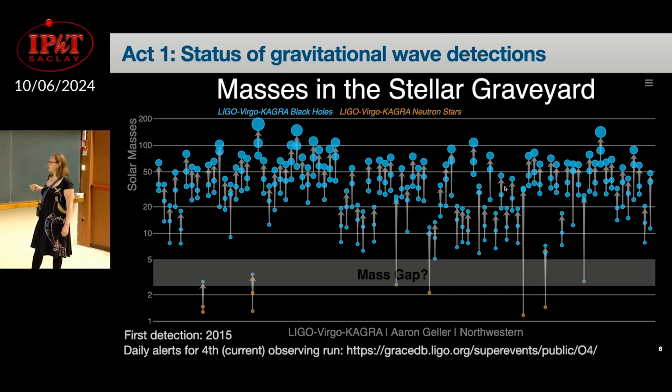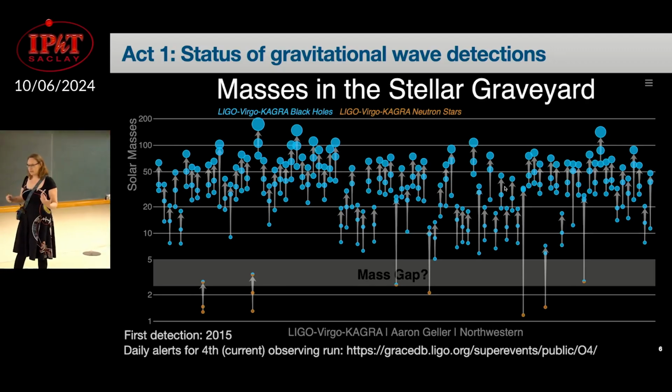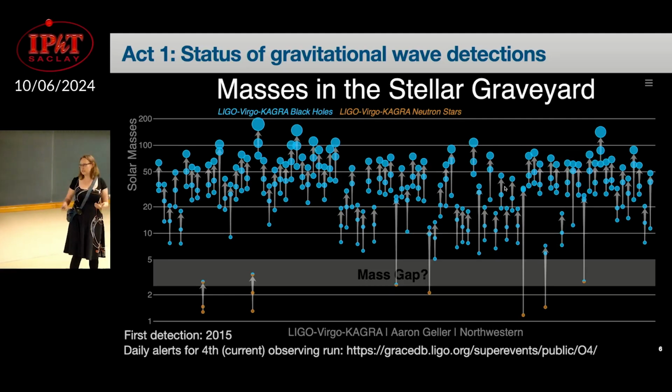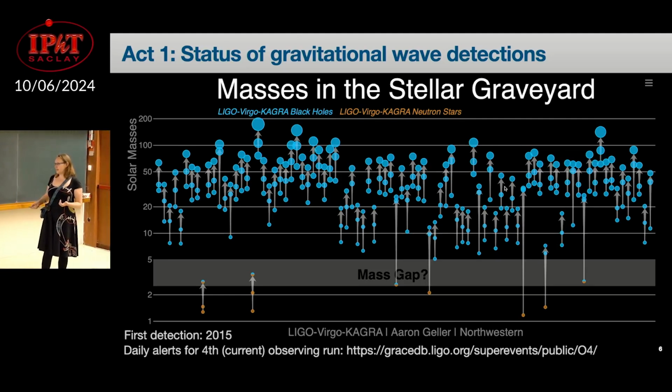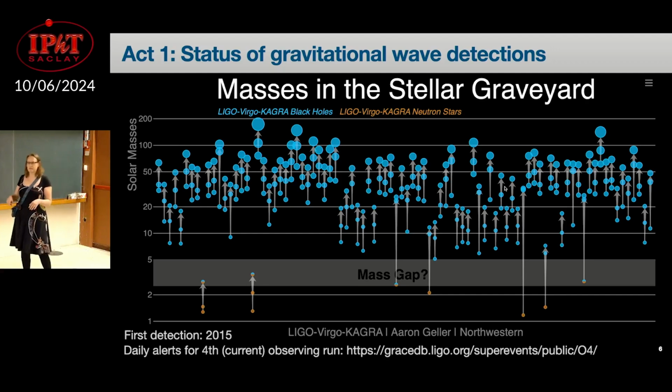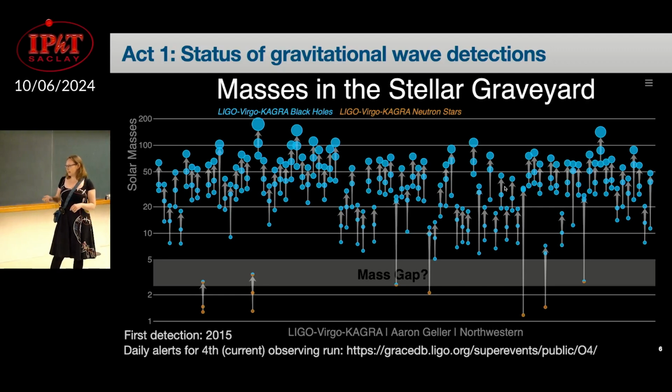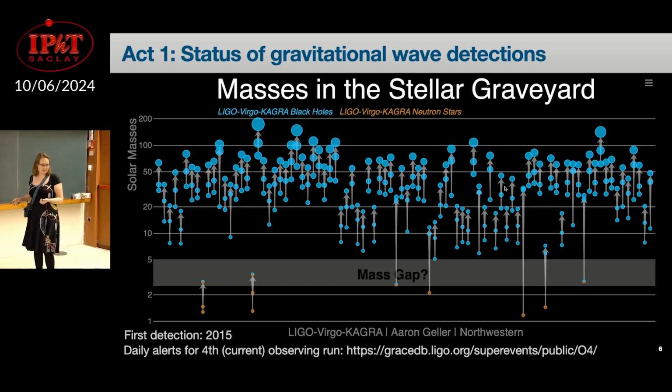Since then, so as I said, these were the first 3 observation runs. We have started our 4th observation run of LIGO, and you can check out the status of their observations on this website. If you can't see it, I'm happy to share my slides later on if you want to check this out. As of last night, there are 105 new significant events since the 4th observation run restarted earlier this year.